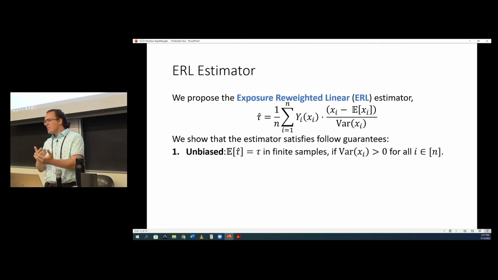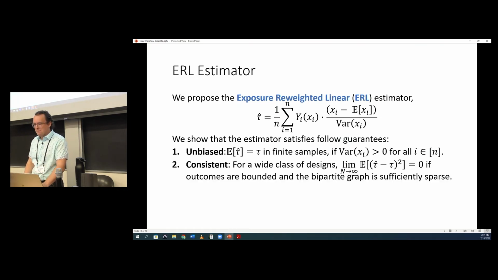And so we show the estimator satisfies the following guarantees. First, that it's unbiased. This holds in finite samples, and it works the way that I said last time, that each individual term here gets that slope. And this is true only if the variance of each exposure is non-zero. That is, you have to have 2 different exposures you could possibly see.